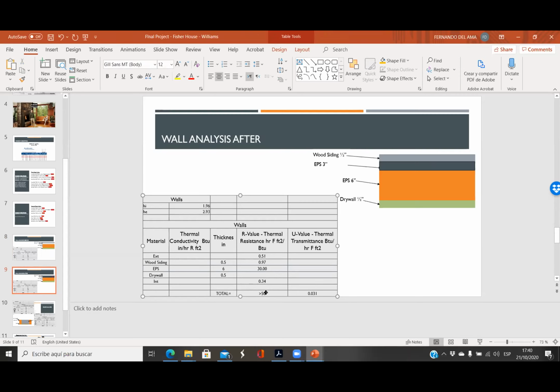Okay, so this is what you have to try now. If 3 inches is not enough, then you would need 4 inches. I think 3 inches would be more than enough. But the second option, or the after option, should be above 50, the R value.